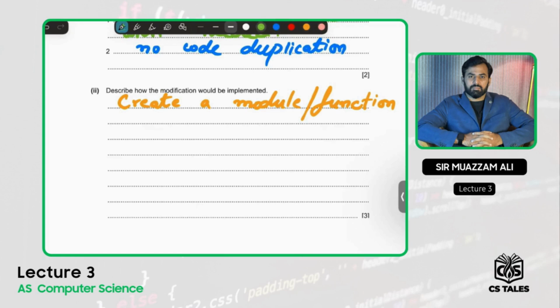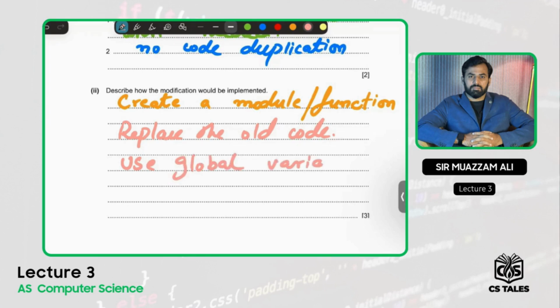So we will replace the old code, and after that you can put the parameter as well. Or you can use a global variable. You can use a global variable, or you can pass the parameter, whichever you take.